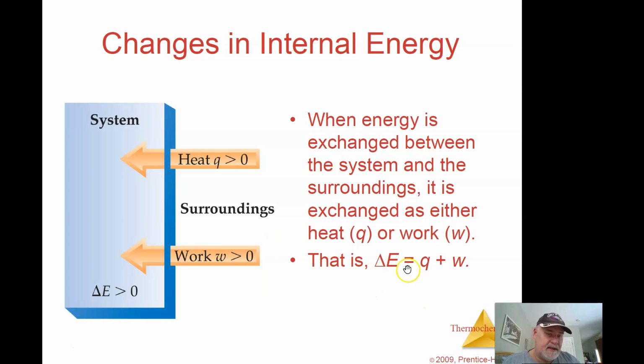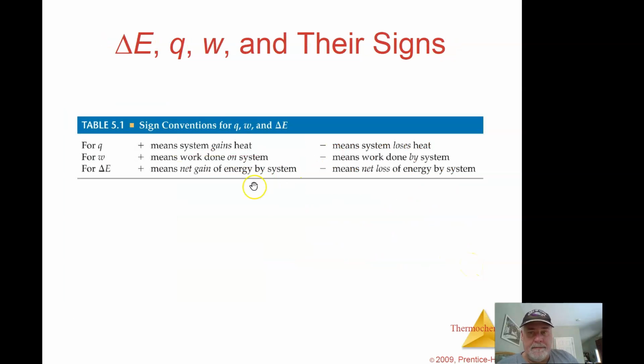This little equation right here is important, and they do not have that one as part of the equations on the purple sheet. So delta E equals the heat plus the work. Now, this little table right here, I would really spend some time looking at.